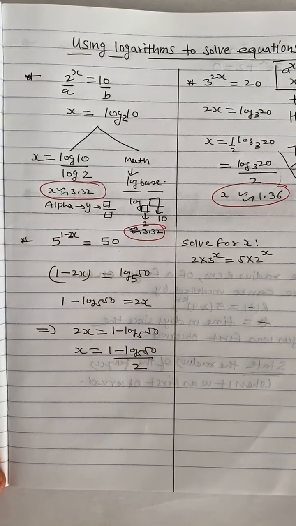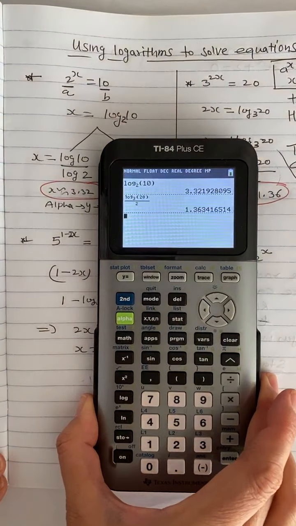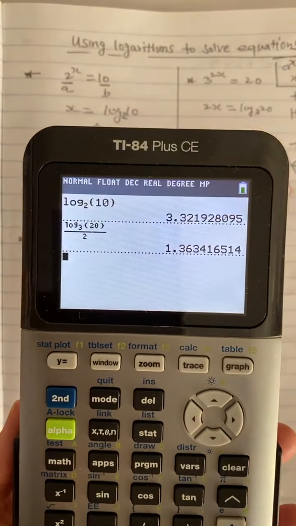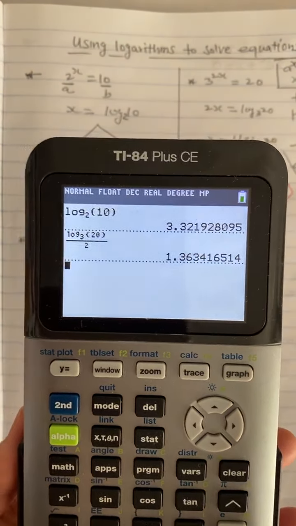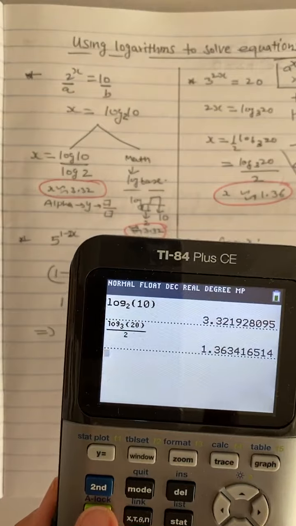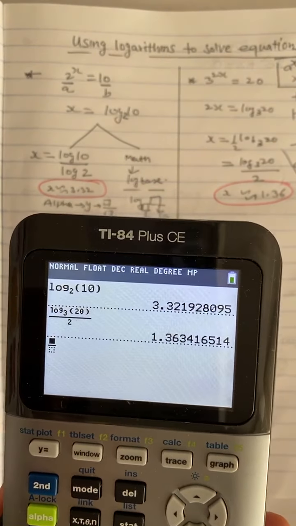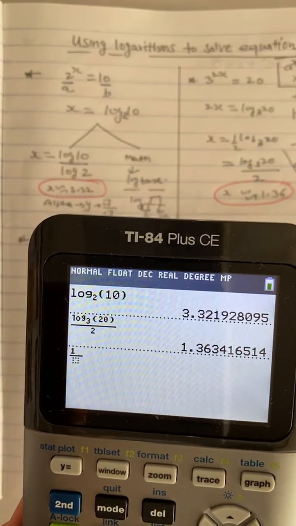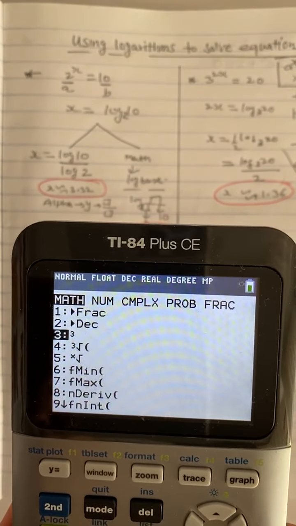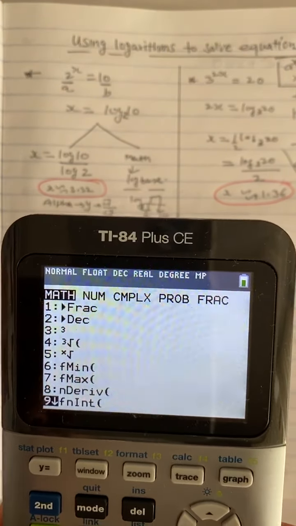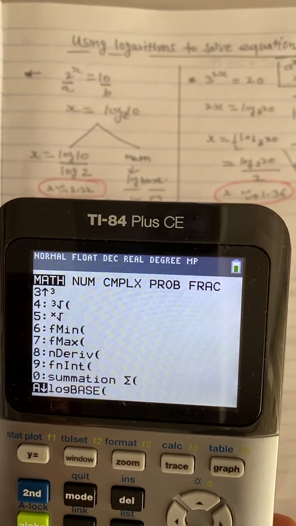Now I'm going to use the same feature here. Because I have fractions, I'm going to use alpha y first. Then 1 minus, now I need the log base, so I'm going to go to math and then log base.